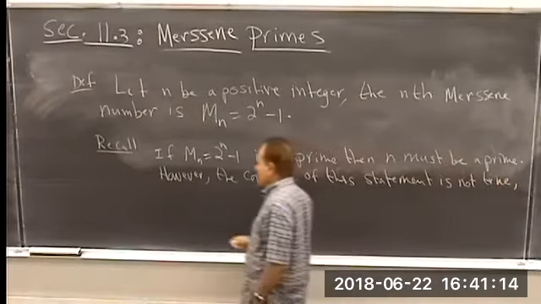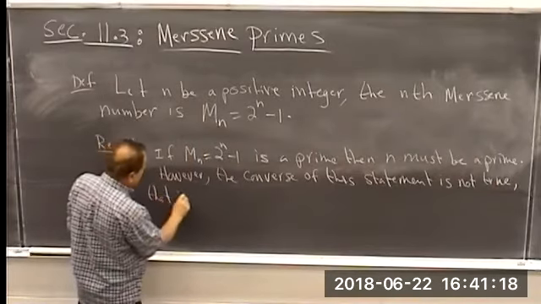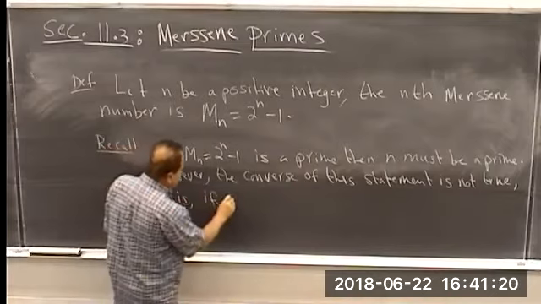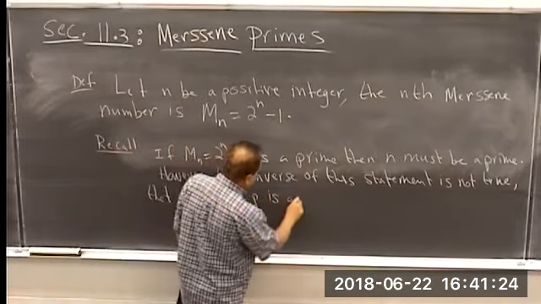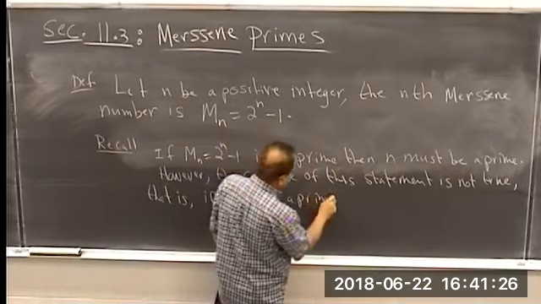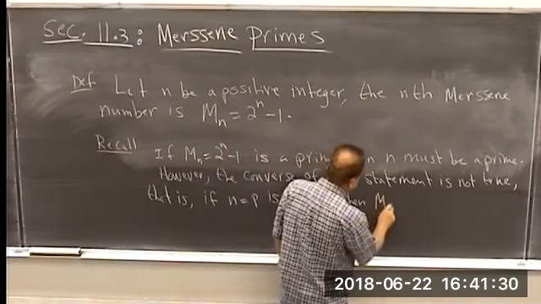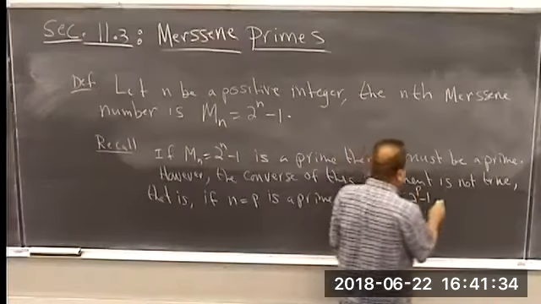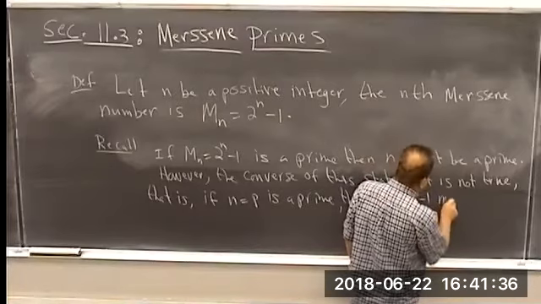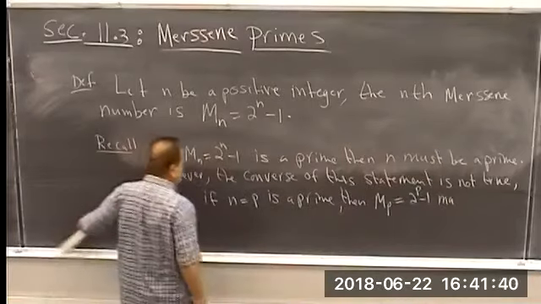This means that if n equals p is a prime, then M sub p, which is equal to 2^p minus 1, need not be a prime. In other words, this could be composite.